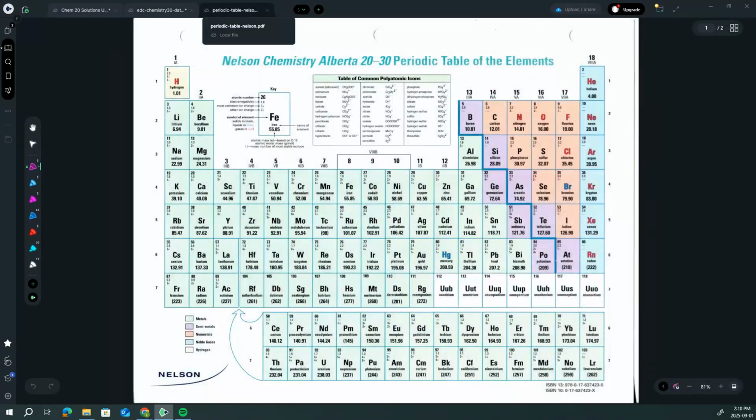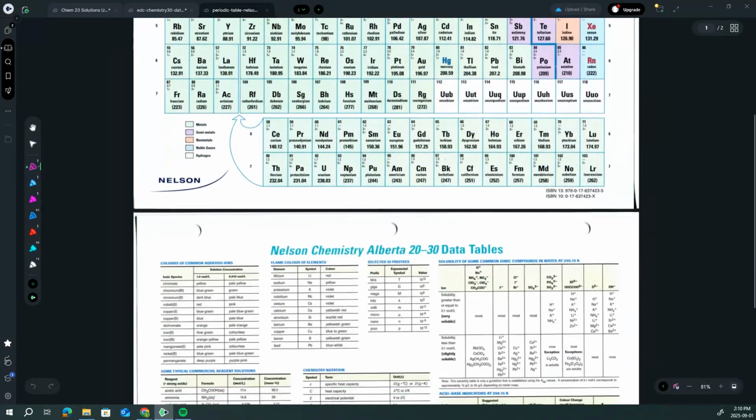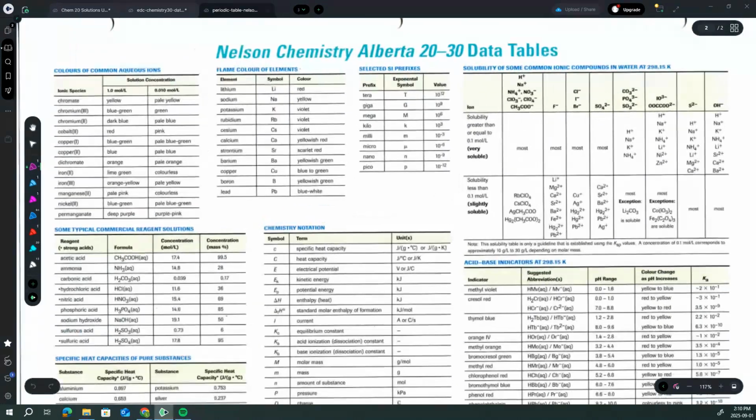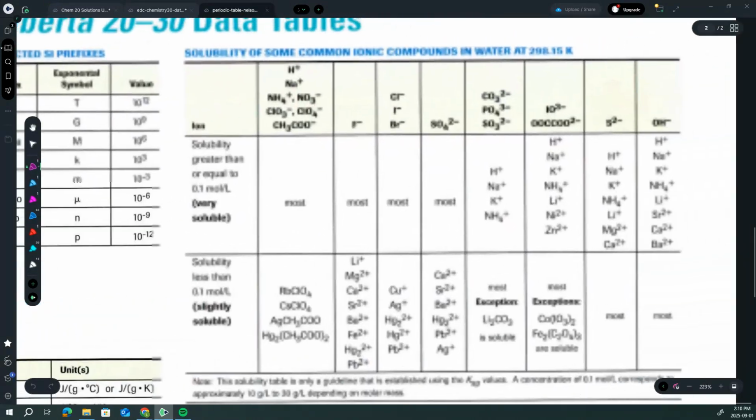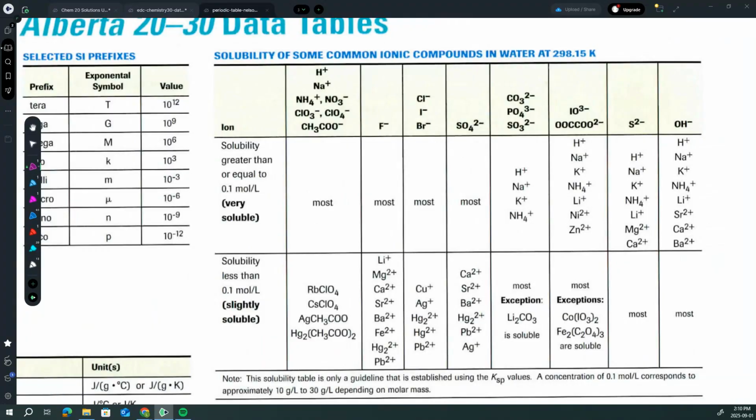Looking at our Nelson periodic table, if we go to the second page, it's just in the top right-hand corner here. So this only tells you the solubility of ionic compounds in water at 298.15 Kelvin.